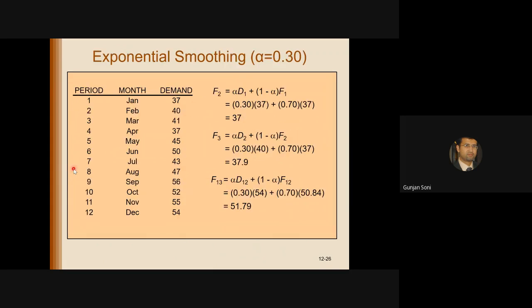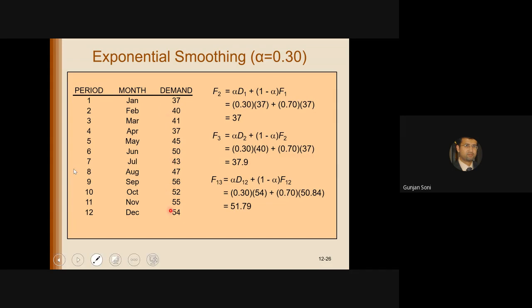Let's say this is the problem we are talking about. You have demand data for 12 months already with you. How do I find out F2, that is, the forecast for the second period? This is the demand data which is already available.